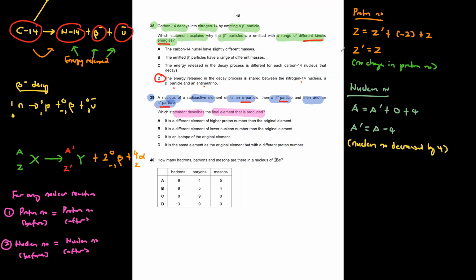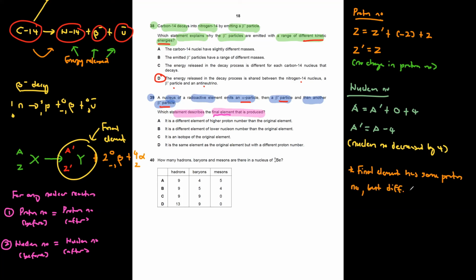Okay. So they want you to find out what is the final element that is produced. This element Y that I just wrote here is the final element that we're trying to find out. What can you comment about this final element? We can see that the final element has the same proton number, but different nucleon number.